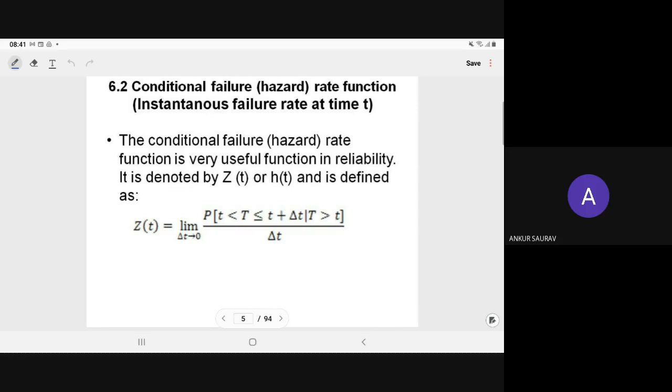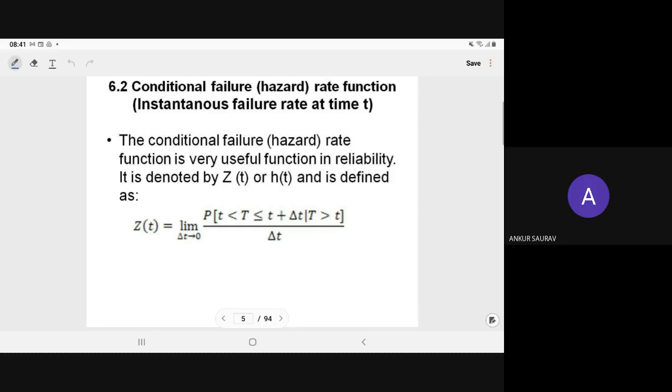That is known as the hazard rate function or instantaneous failure rate or conditional failure rate. In reliability, it is a very important thing, right? The conditional failure or hazard rate function is a very useful function in reliability.